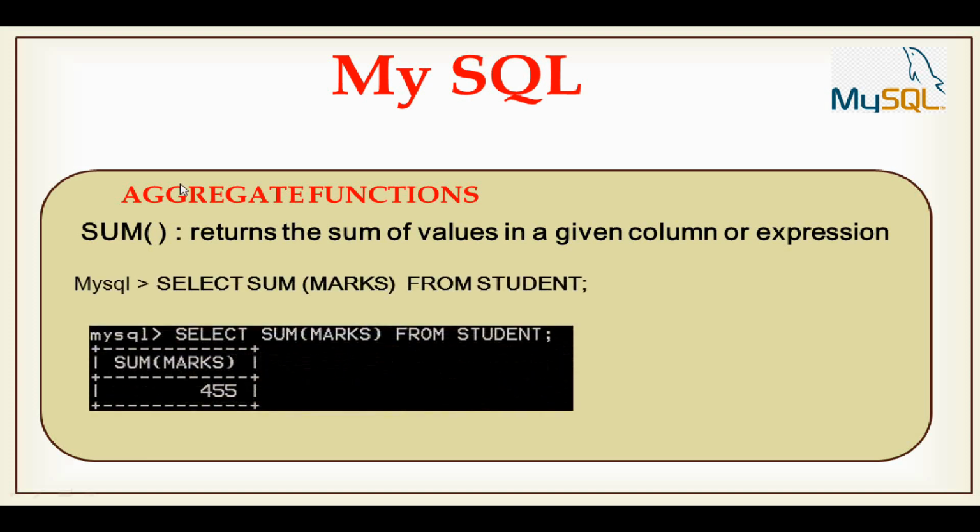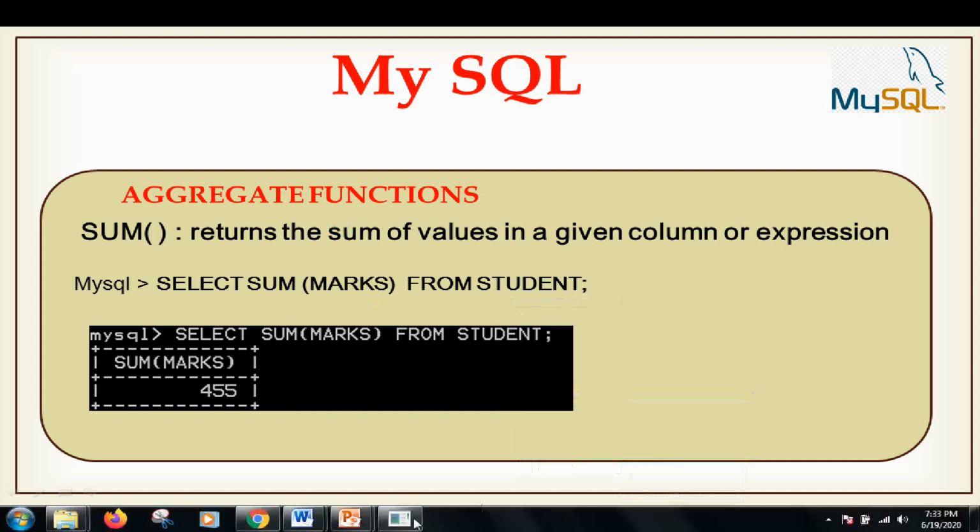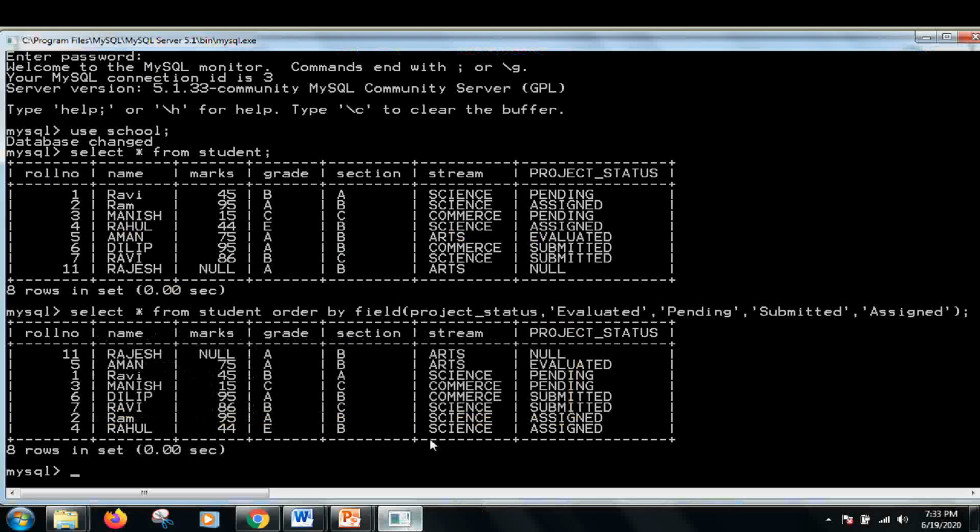First, the sum function. The sum function is basically used to do the sum of values in a given column or expression. For example, I want to find the sum of the marks of a student, so I can write this function as follows.